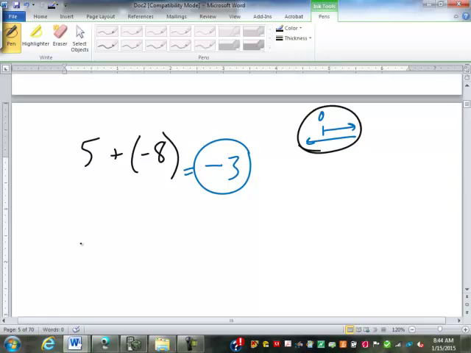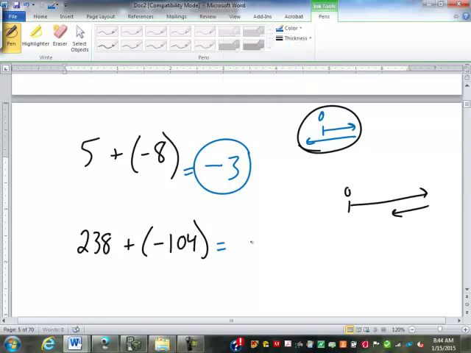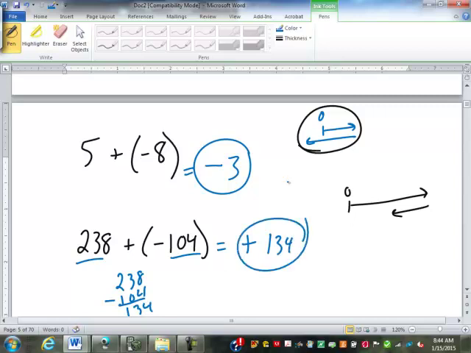It helps me get into larger numbers as well. 238 plus a negative 104. Well, here's 0. There's 238. Negative 104 is going to be shorter. So that tells me, first of all, we're positive, and it's the difference between 238 and 104. So 238 minus 104 is 134. So positive 134. Simple enough?